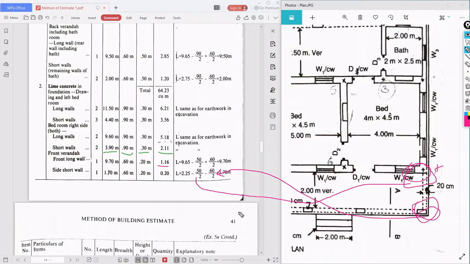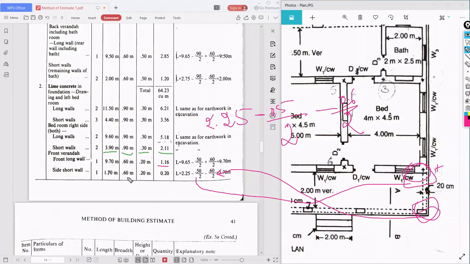So 2.25 minus 0.5 by 2 for this 30 centimeter wall, and also minus 0.6 by 2, you will get 1.70.